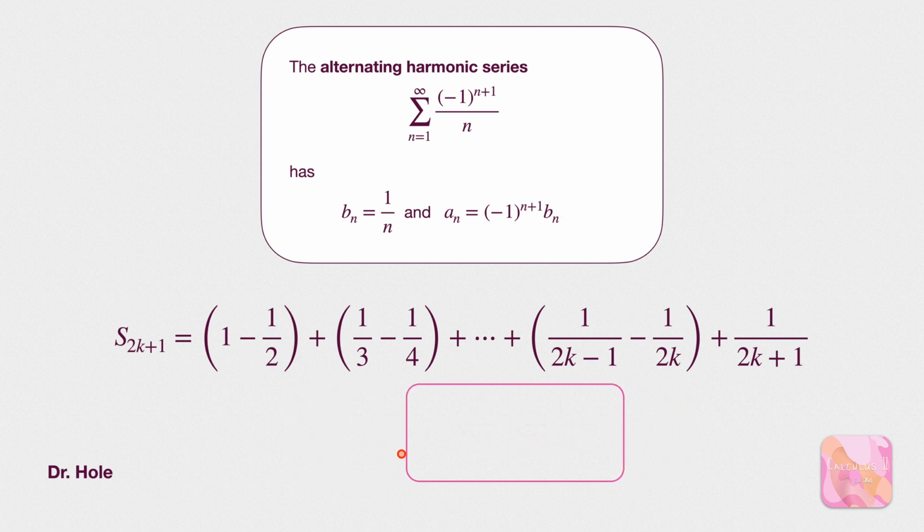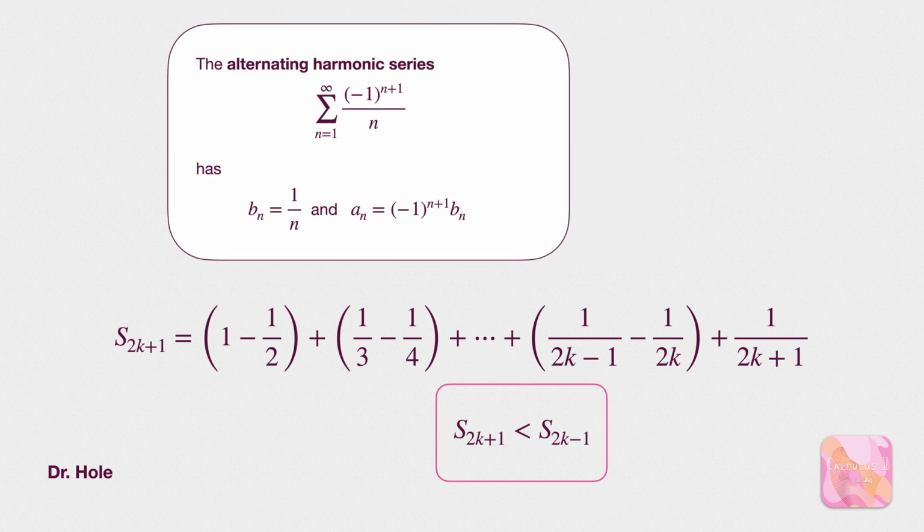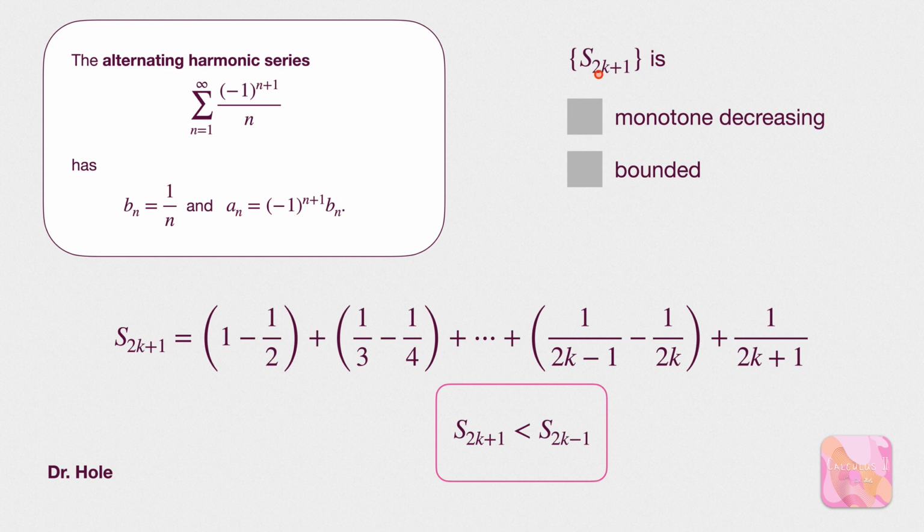Nice. So we have a decreasing sequence if we consider odd indexed partial sums. Let's write that down. Take the sequence of odd indexed partial sums.